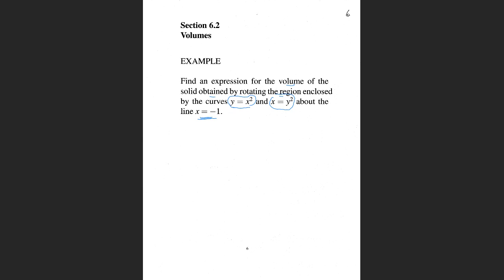Now, x equals -1, is this a vertical line or a horizontal line?